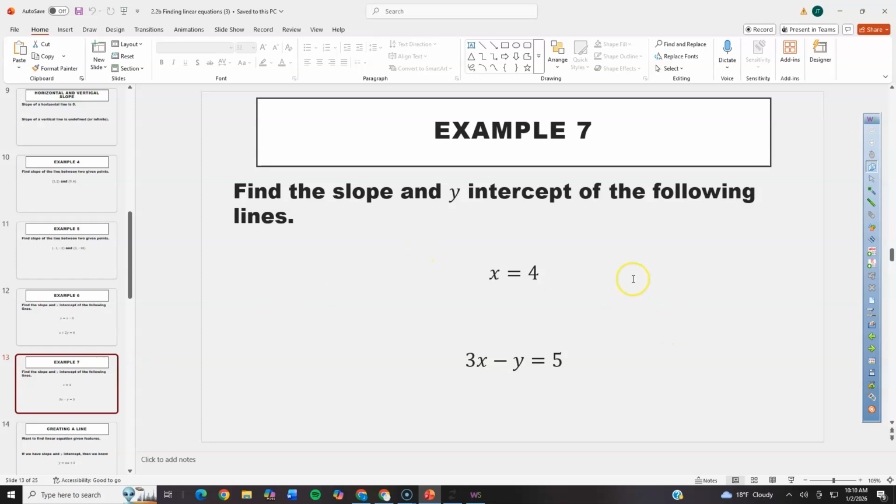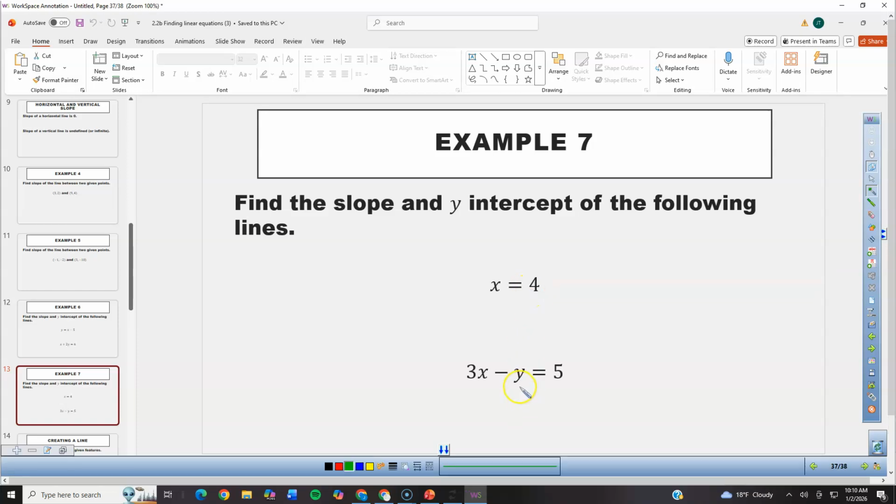All right, let's try again. I'll do this one. You guys can try that one. So this one's tricky. It's x equals 4. X equals means I go to my x-axis and I go to 4, and that's going to be a vertical line at x equals 4.